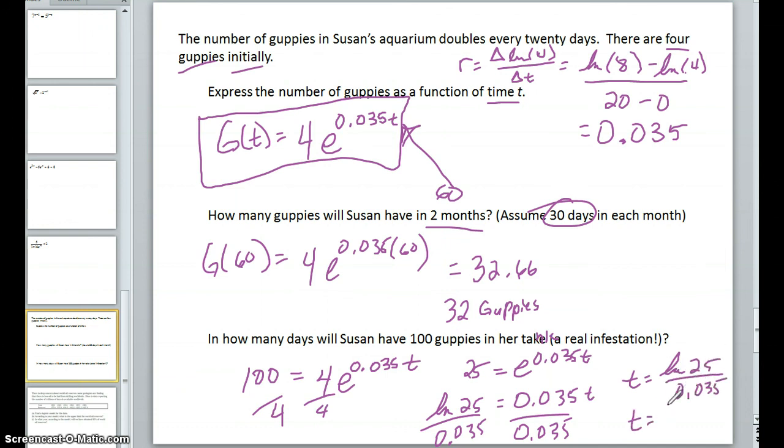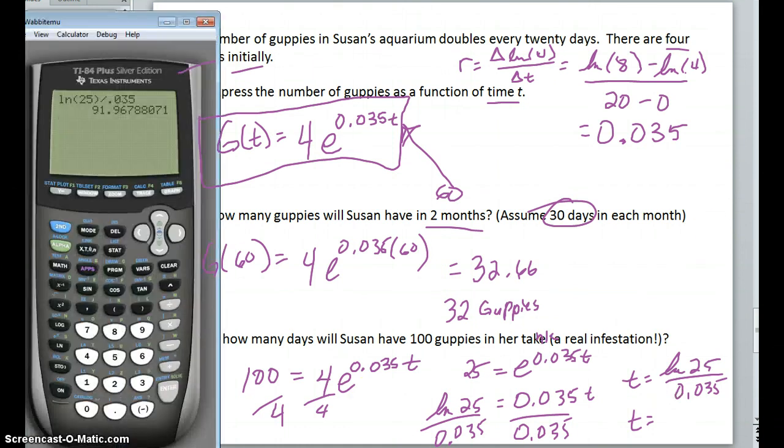We're going to get that one in our calculator to see what it is. And 91.96. Did you see that? I was so fast. 91.97. So we're going to need 92 days, guys. 92 days. We're going to see 100 guppies, and there's going to be an infestation. All right. Good luck tomorrow on your test. Bye-bye.